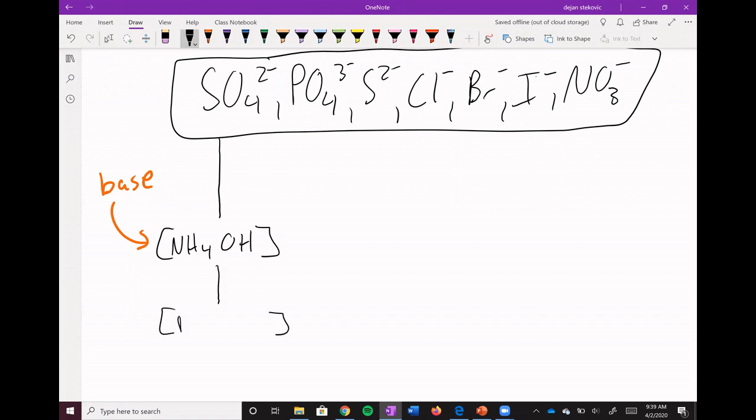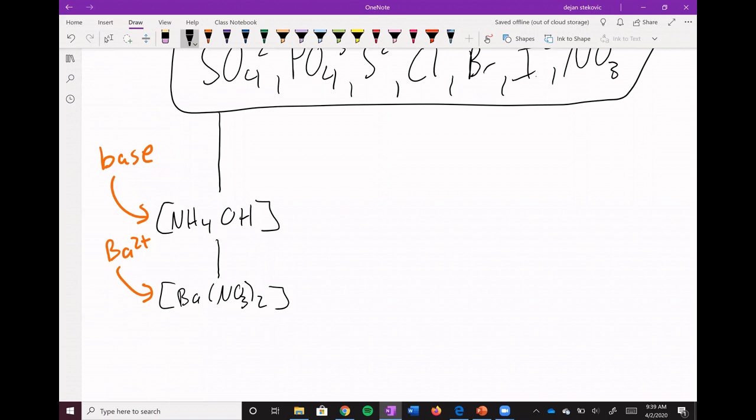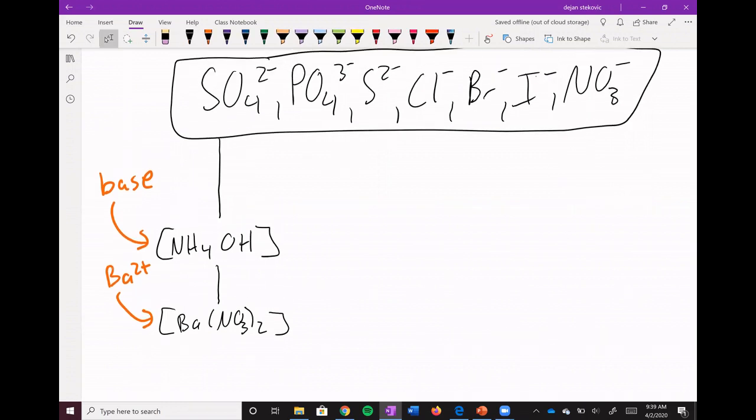After this, we're going to add some barium nitrate. And what we're interested in here is just the barium, right? The nitrate will just be a spectator ion for now. So we're just going to take a bit of our solution and do these 2 things to it. Once we add this barium, we're going to see a reaction.